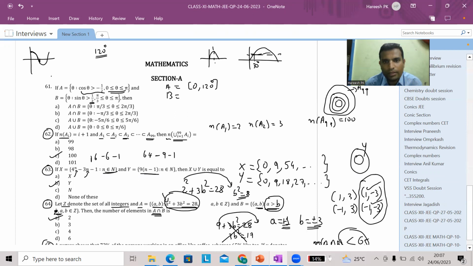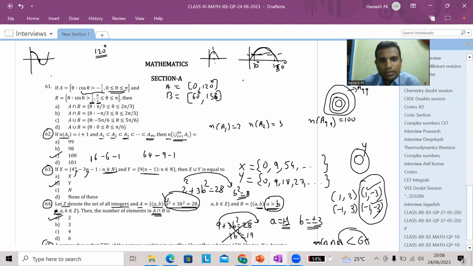Then at 150 degree also, sine theta is half. So if you want it to be greater than half, it has to be before 150. After 150, it will drop. So maximum value is 150 degree. And minimum value they have given should be greater than 60 degrees. So 60 to 150 is this.